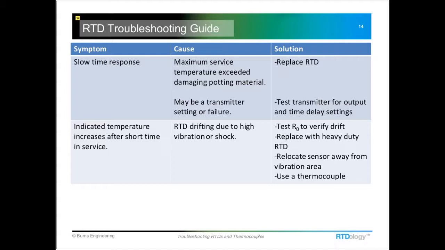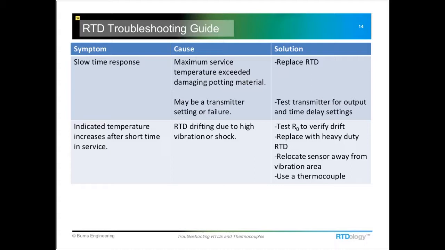Some of the other ways that we see our most common failure mode is it's indicating a higher or lower temperature than what is expected. Now, RTDs will drift, and the amount of drift is going to depend on how they're used and the temperature cycling they're going through. If they're run at a real high temperature, they're going to drift faster.